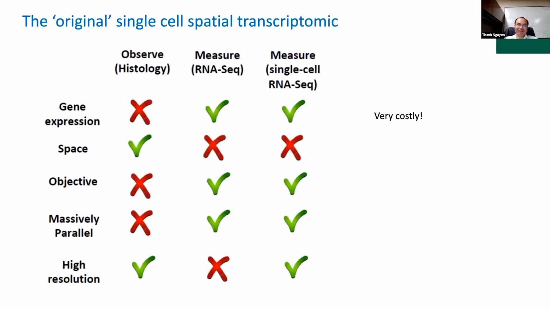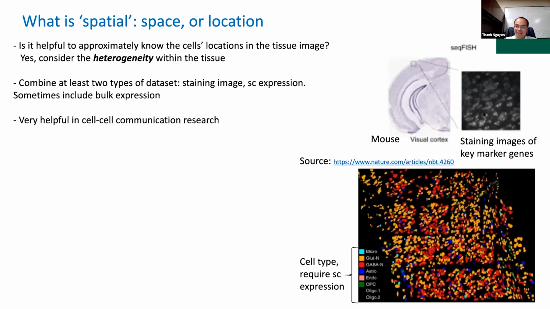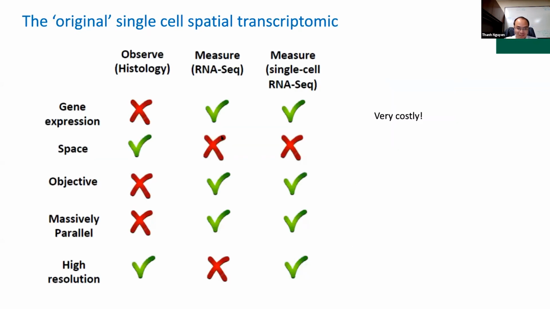So, to summarize, to do that we need at least, of course, single cell RNA-seq. The second thing is the histology. People choose a few genes that they want to observe under the microscope in the staining image. That staining image gives us space and resolution, but it doesn't tell us anything about expression, so we need single cell there.